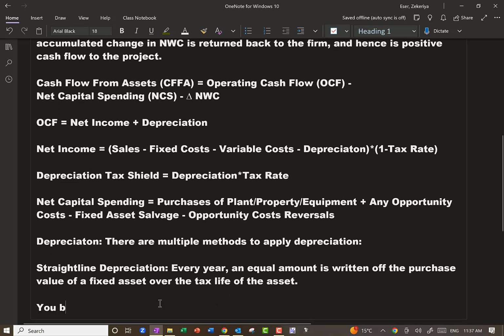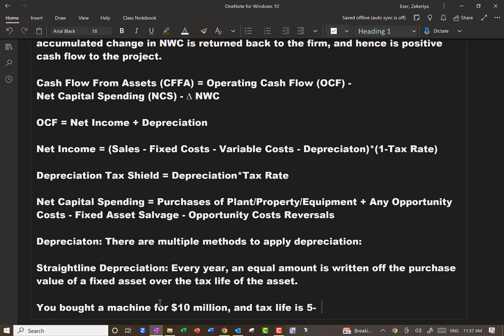Example, you bought a machine for $10 million and tax life is 5 years.